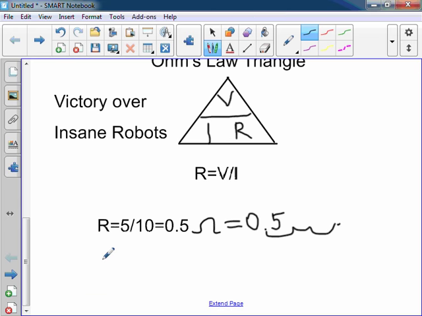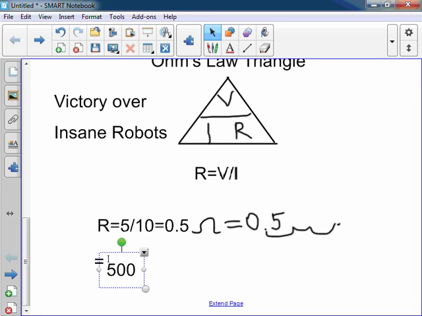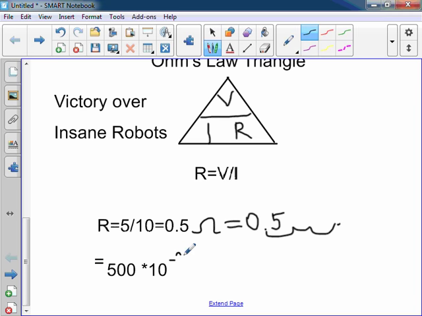So the answer I'm going to get is 500 times 10 to the negative 3. All right. Well, that's just engineering notation. If I'm going to put this in SI notation, 10 to the negative 3 is, of course, milli.